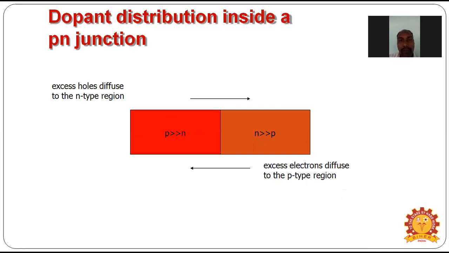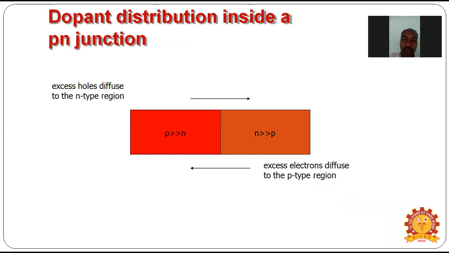This is the next diagram, the dopant distribution inside a PN junction. What happens here? The excess of holes is diffused to the N-type region, and from the N region the excess of electrons is diffused to the P-type region.